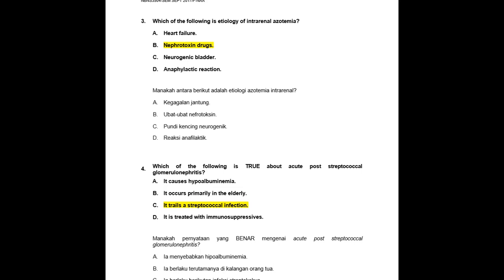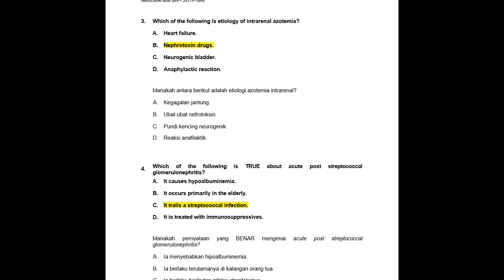If these nitrogenous compounds are high in the blood, we call it azotemia. A reason for azotemia is actually kidney failure.